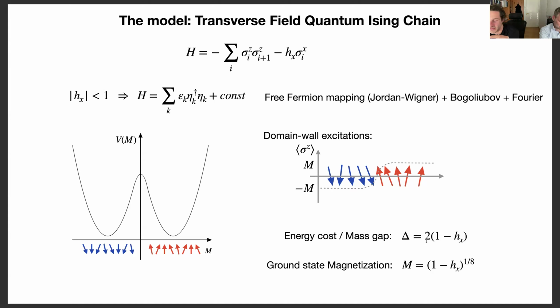The other is the field that breaks the Z2 invariance, which is the longitudinal field. The reason the limit is well described is that you can establish a one-to-one mapping between the field on the lattice and this field in the continuum. The conformal field theory is these free Majorana fermions, the Ising field theory.